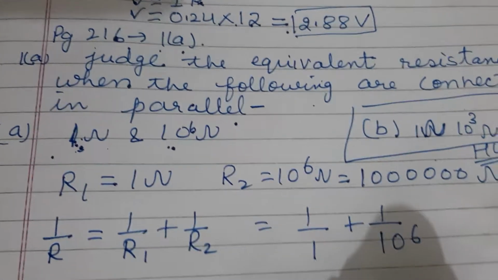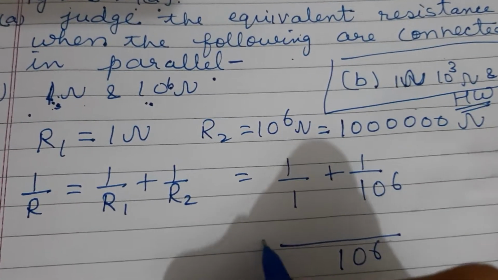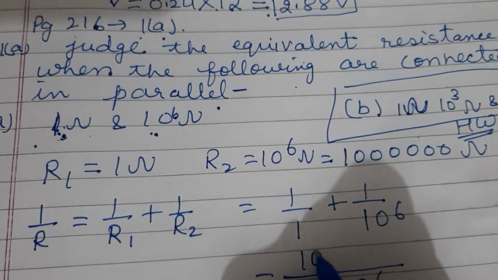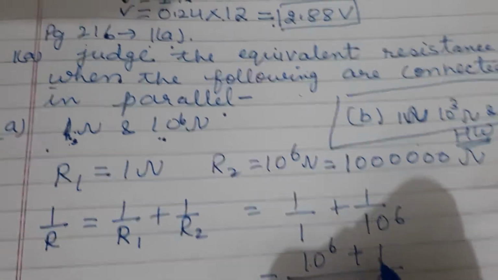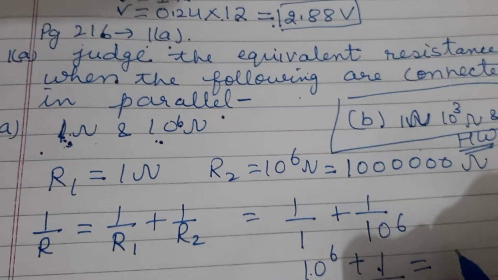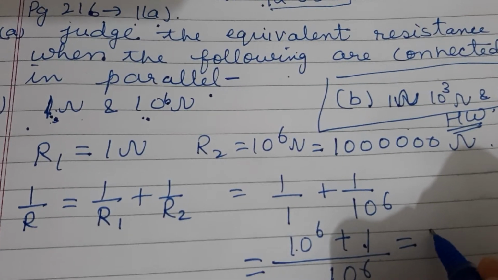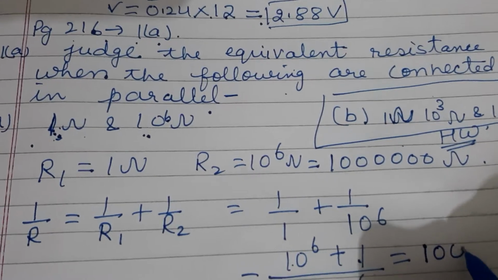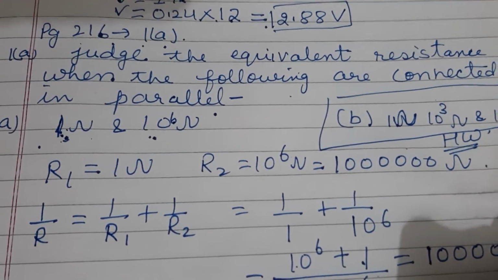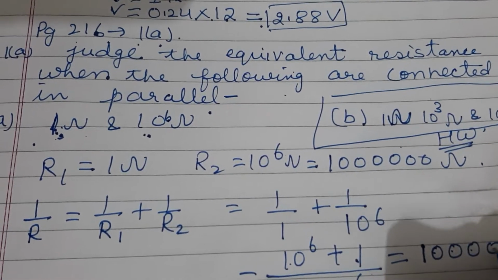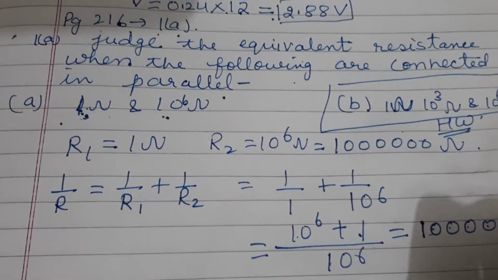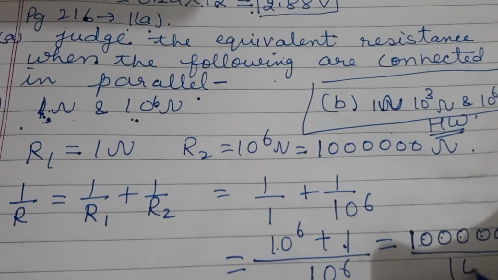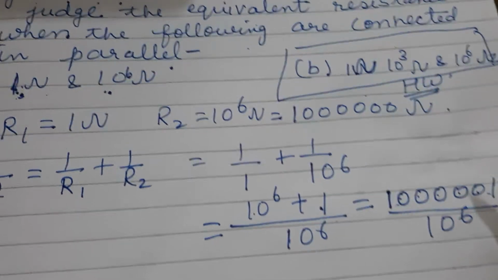By taking the LCM, 10 raised to power 6, we get 10 raised to power 6 plus 1. By adding them, we will get 1000001, divided by 10 raised to power 6.